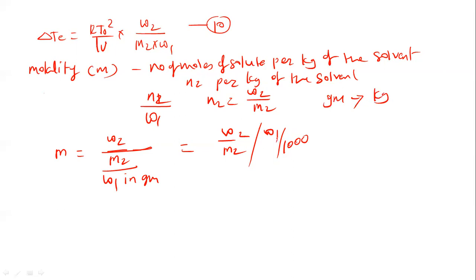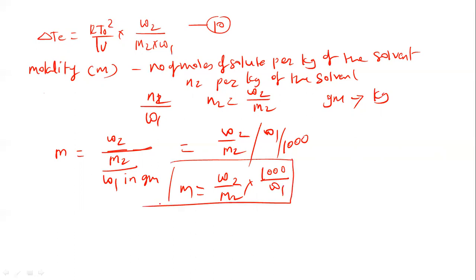Therefore, now we can write this molality m is equal to W2 upon M2 into 1000 divided by W1. So this is the mathematical expression for the molality. Okay. So let us introduce this molality into this equation.